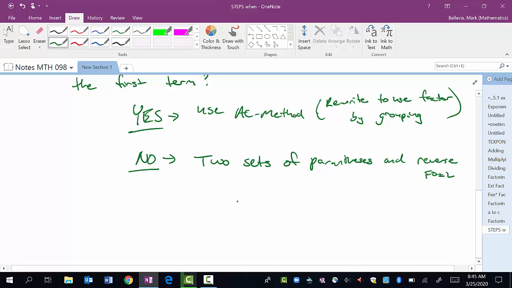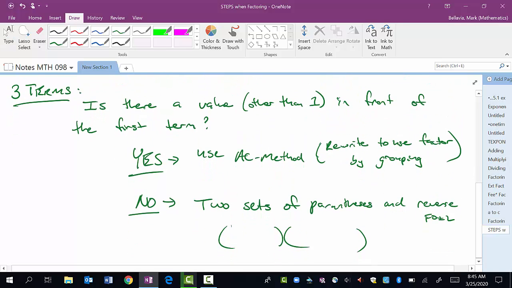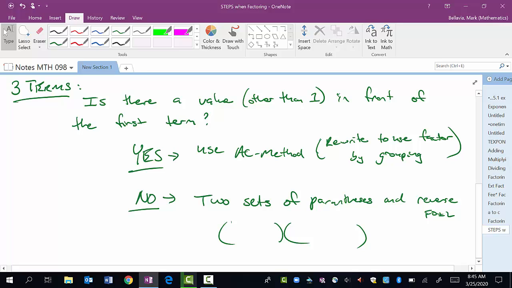In other words, you'd start with two parentheses like this, and then you sub in, if it was an x squared as a leading coefficient, x times x. You want to know what multiplies to the last term and adds to the middle coefficient. So if there's three terms, you ask yourself another question: do you see a value in front of the x squared other than 1, or not? If you do see a value, you want to try to use the AC method to rewrite it to use factor by grouping, or use trial and error. And if the answer is no, you don't see a value in front of the x squared, then two sets of parentheses right away.